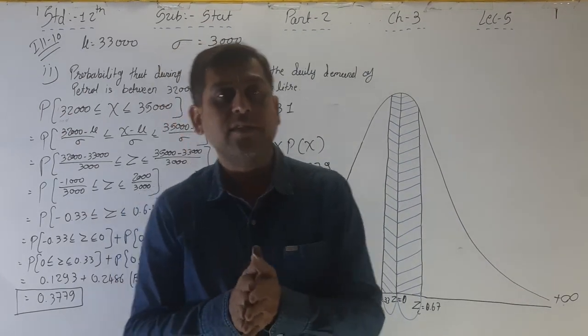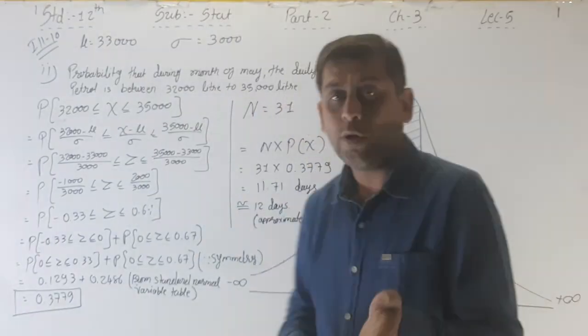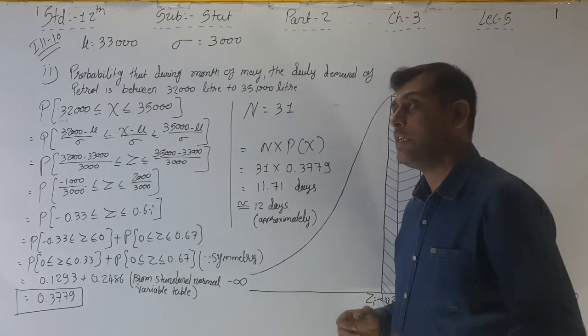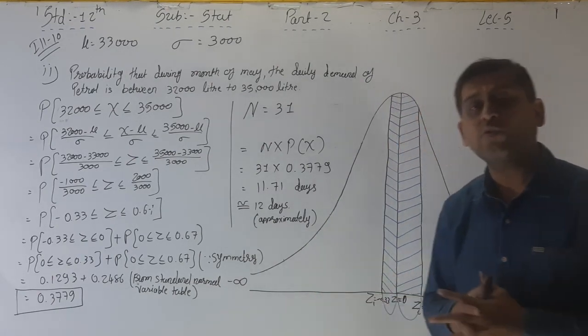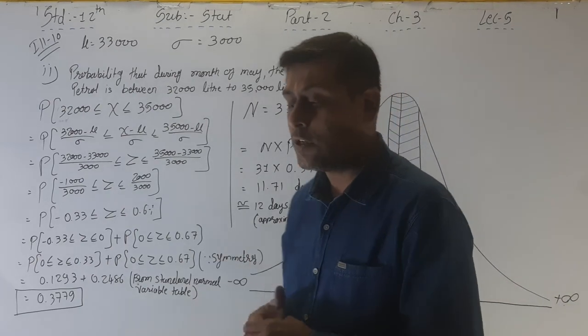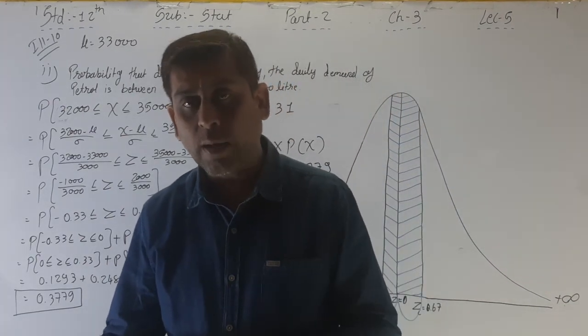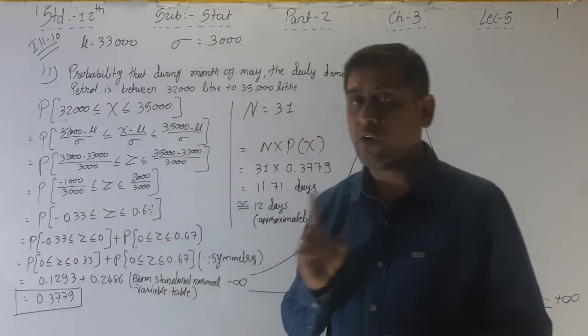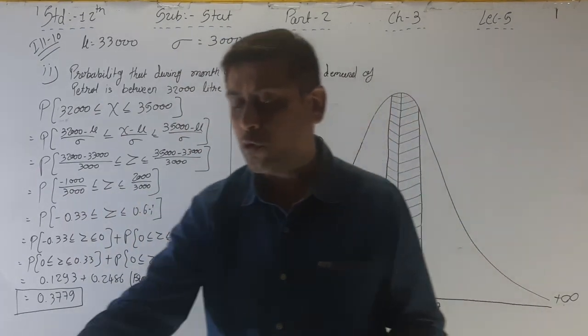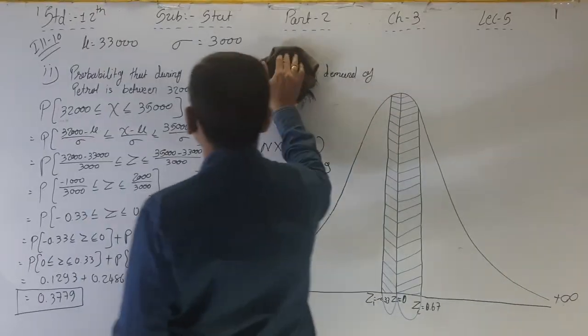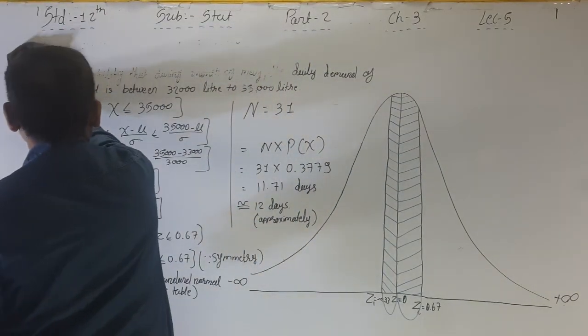So very easy sum, and I hope you understand that. Or not, then please see this video 2 to 3 times, and this one is the most important question. That's why make a practice of this sum in your rough book 2 to 3 times also. Write down this sum in your fair book, and then please make the practice of this sum in your rough book 2 to 3 times. Okay. So I am removing here.